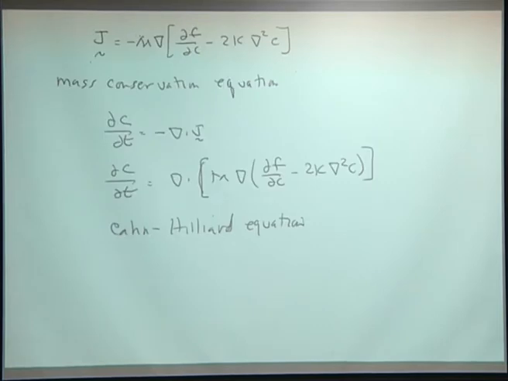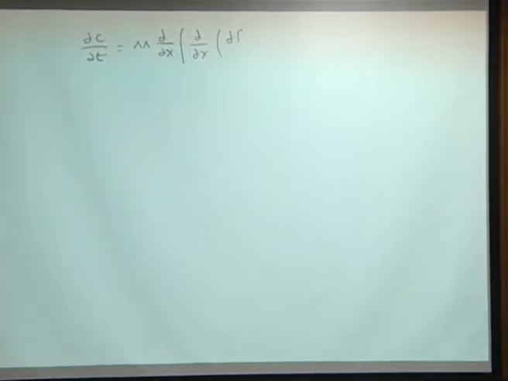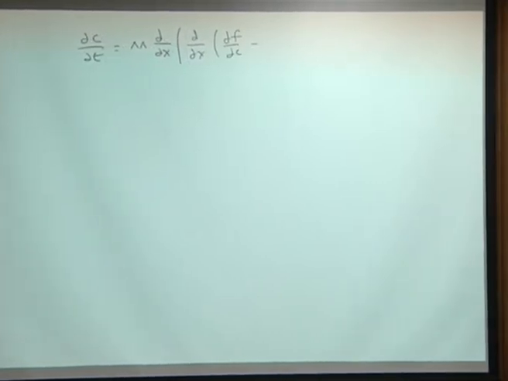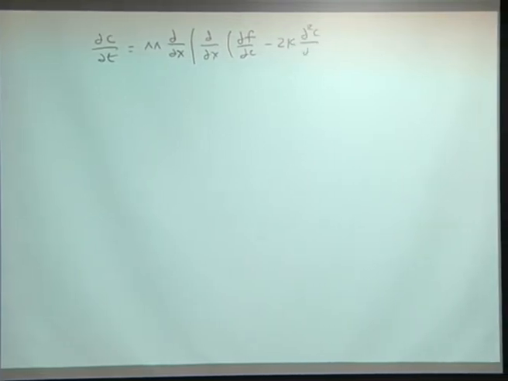So you pull the M out, then you have a derivative d by dx of the... in one dimension.